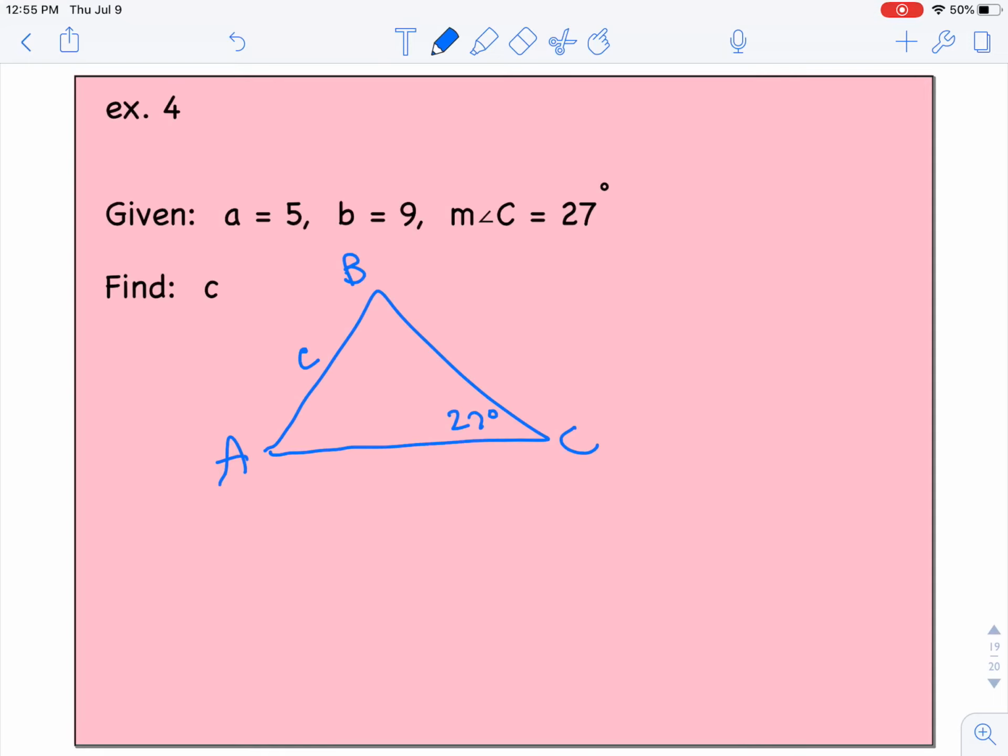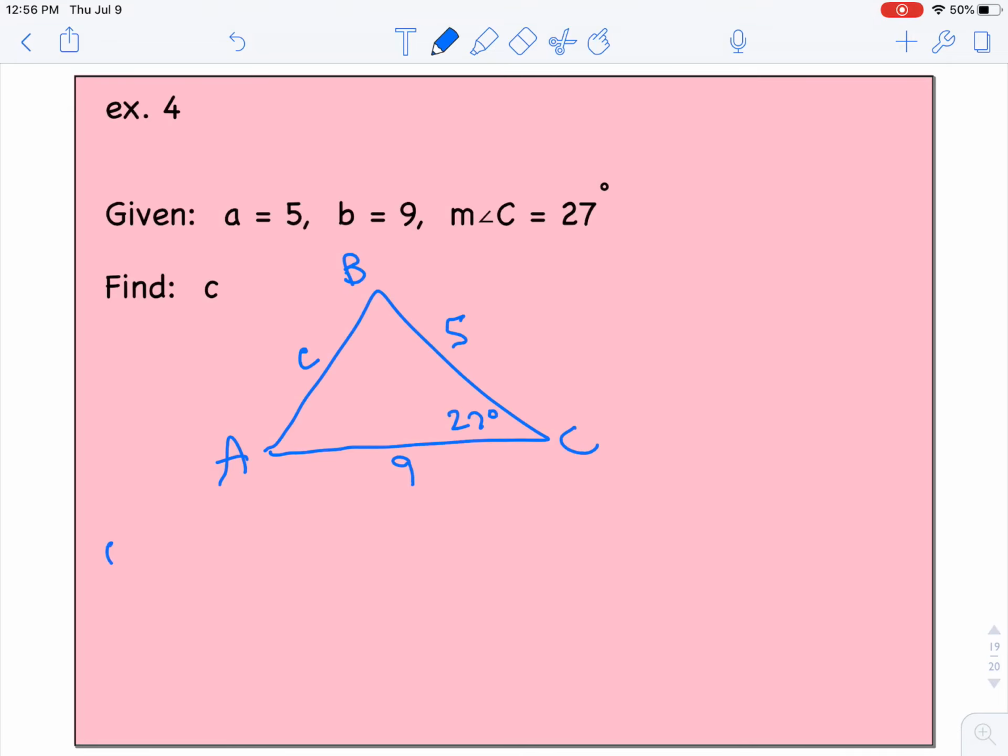So again, if I'm given this triangle A, B, C, and I know angle C is 27 degrees, I'm going to find side C in just a minute. But side A is 5, and side B is 9. So I'm going to have to use the law of cosines because, again, I don't have enough angles or information to find using the law of sines.